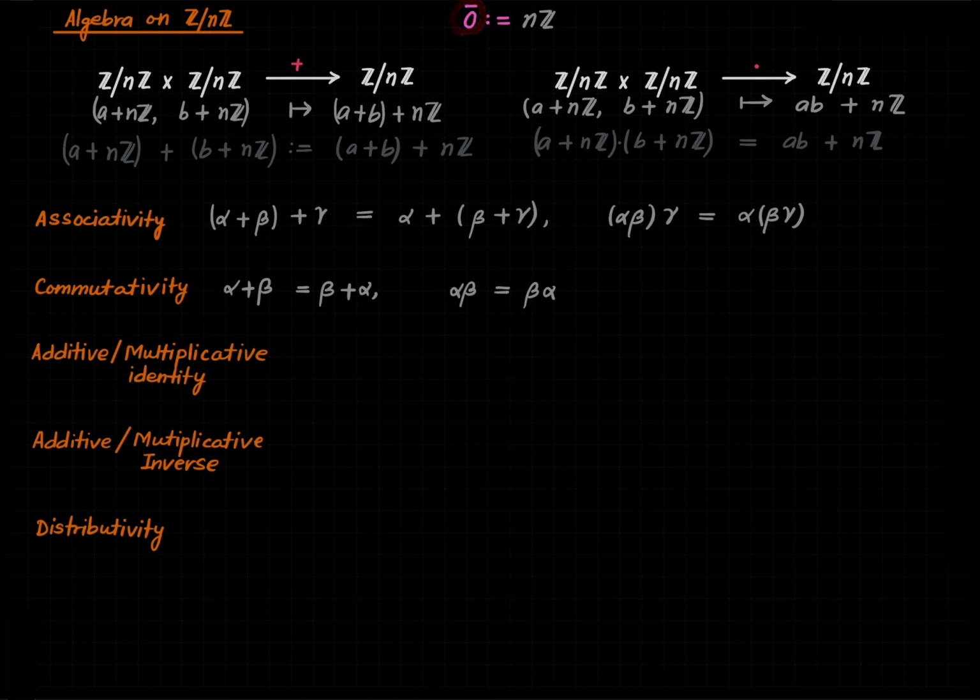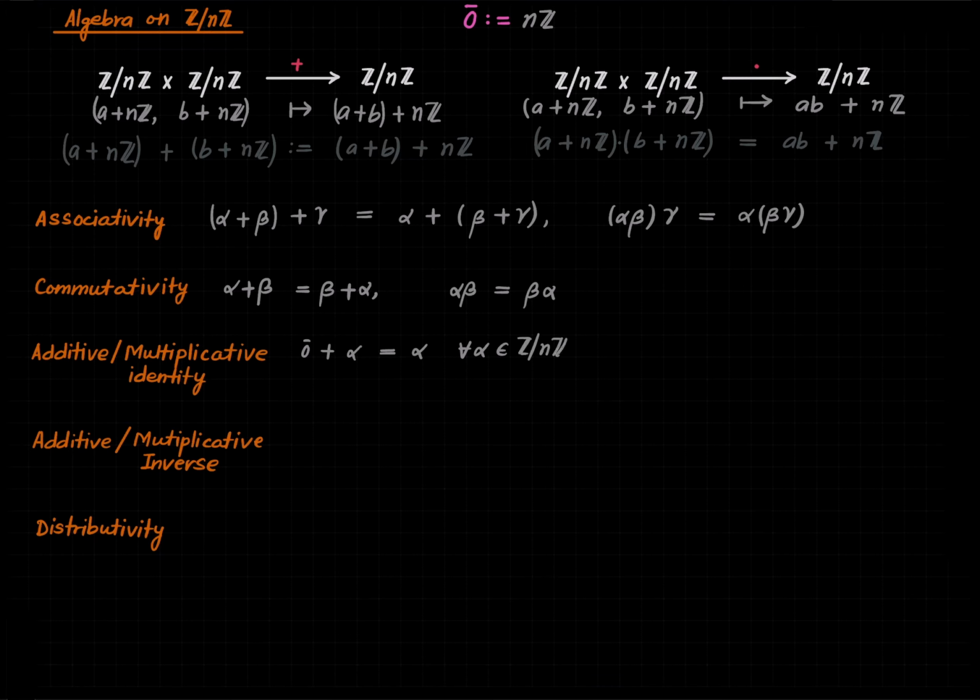So 0 or 0 bar in context denotes nZ, because 0 of course can also be used to denote the additive identity of Z, but in context you understand. And just so that we do not confuse them, I'm putting a bar on top. So 0 bar means this guy, and you can verify that 0 bar plus alpha equals alpha for each alpha in Z mod nZ.